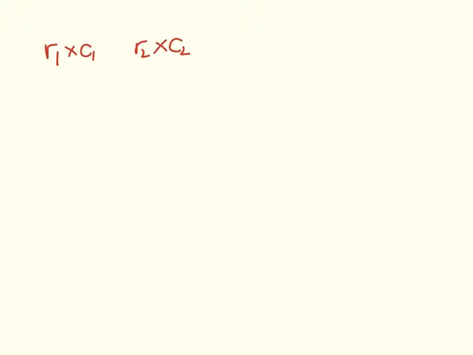Now the first rule that we need to know is that if we have got two matrices, R1 times C1 and R2 times C2, they can only be multiplied if C1 is equal to R2.